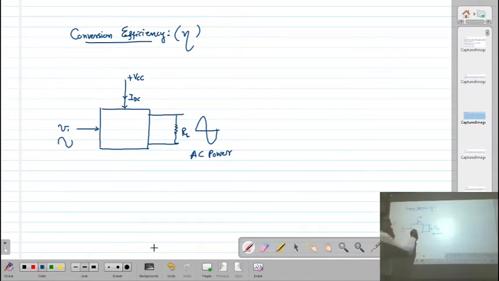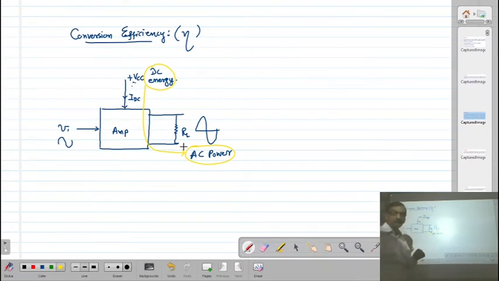In the amplifier, whatever the active device we have, this active device is converting. Here the battery is providing what kind of energy? That is the DC energy. Correct? So this amplifier is converting your DC energy into AC energy.